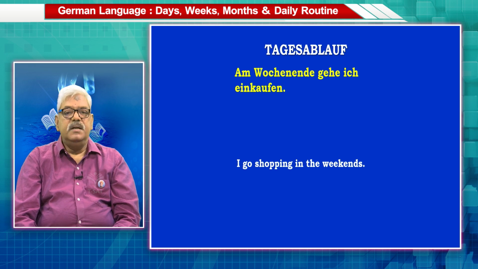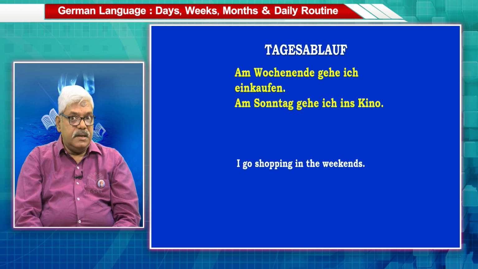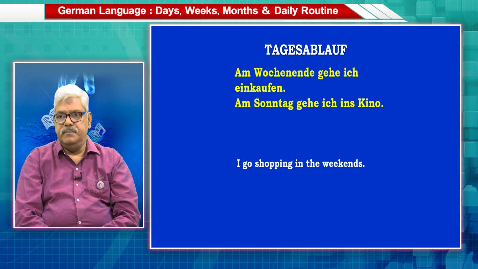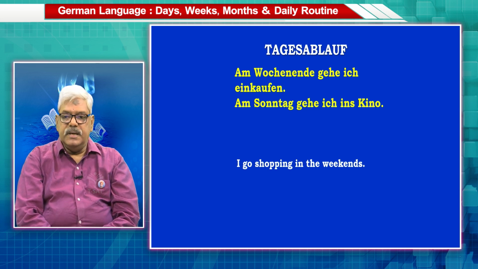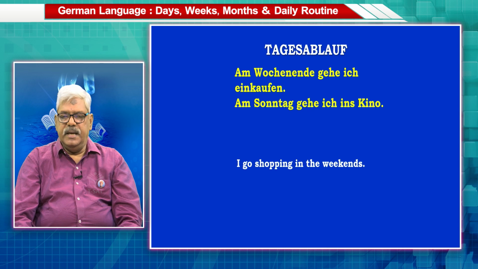Am Wochenende gehe ich einkaufen. Am Sonntag, now specifically on Sunday. Here also I have taken one example. Am Sonntag gehe ich ins Kino. Am Sonntag gehe ich ins Kino. I go to a movie on Sunday.